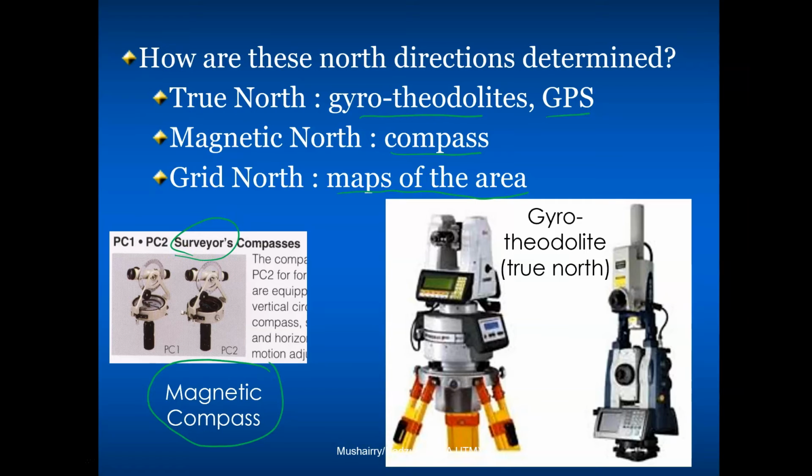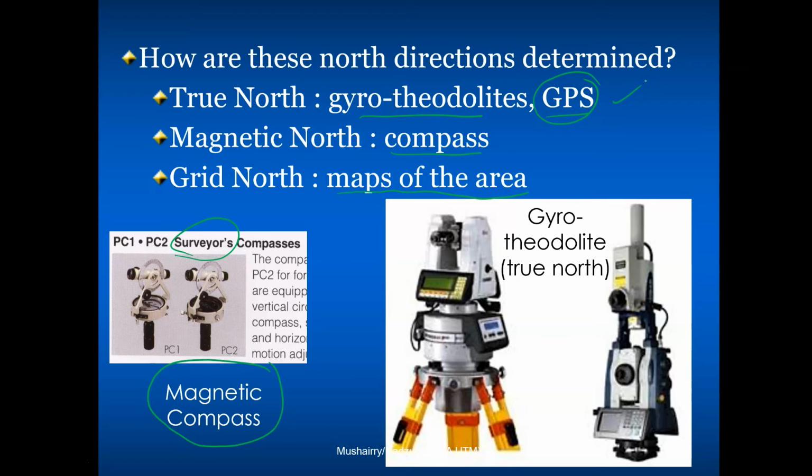And a gyrotheodolite. GPS, I think you're familiar with that. Everyone knows what GPS is. Gyrotheodolites are equipment where you can actually find the direction of the true north. You might ask, why bother with a gyrotheodolite when we have GPS?